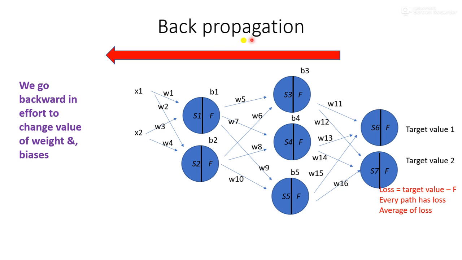And what happens in back propagation is that we go backward in an effort to change the values of W and bias. While we're moving here, we're going to change this value to a certain number. If previously it was 1, now when we change it becomes 0 or 2 or 3. We change the value of weight and bias. So when moving backward, we change the values.